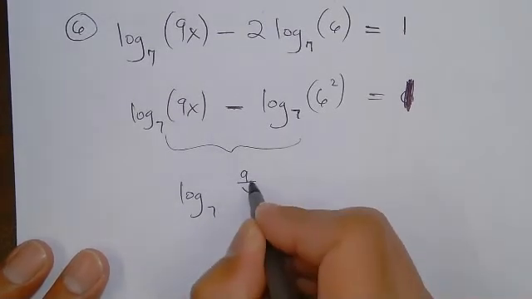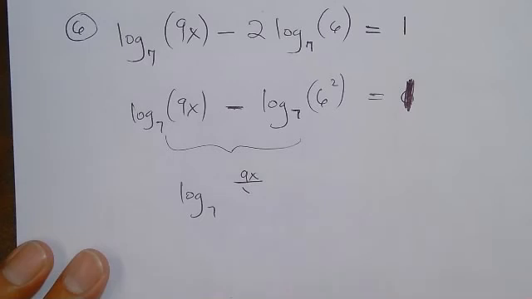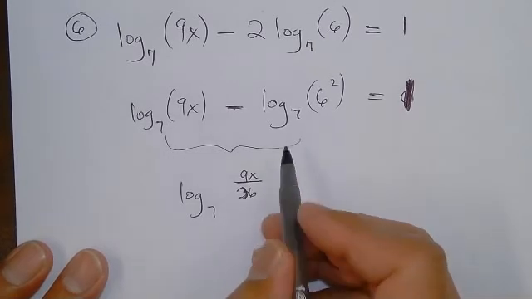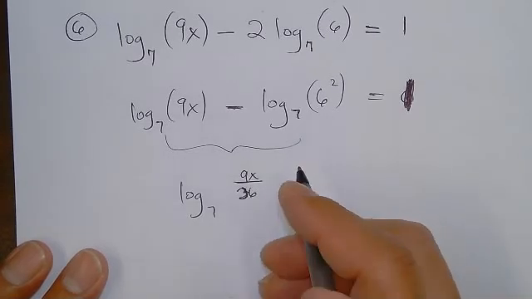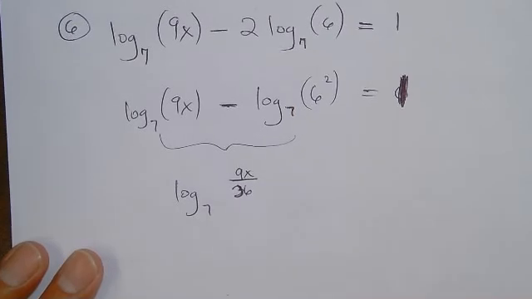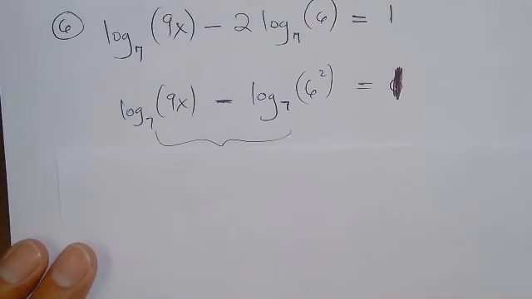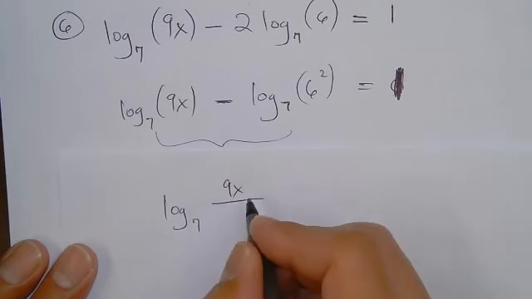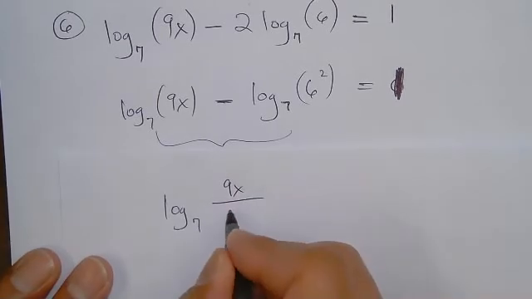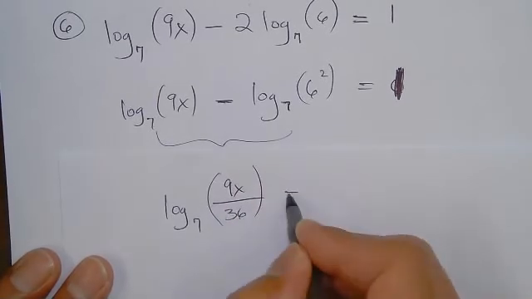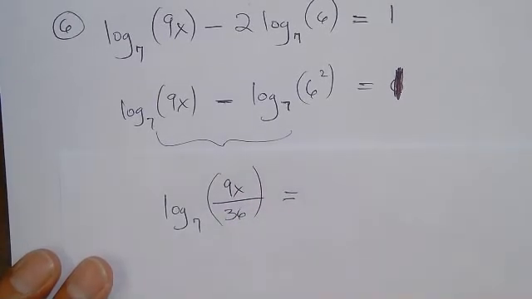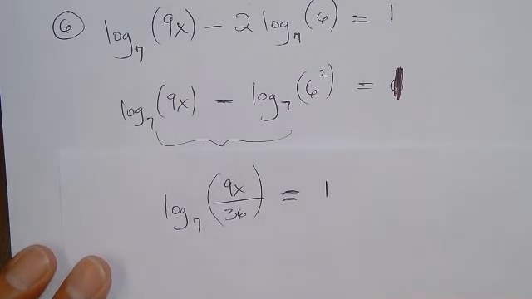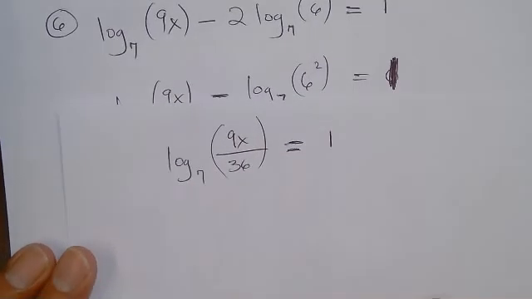That's going to be log 7 of what? 9x over 6 squared, which is 36, isn't it? I should put 6 squared, but I'm going to write this again. Log 7 of 9x over 6 squared, or I know 6 squared is 36 right there, equals 1.